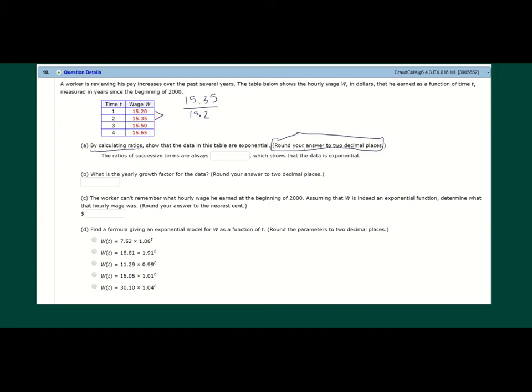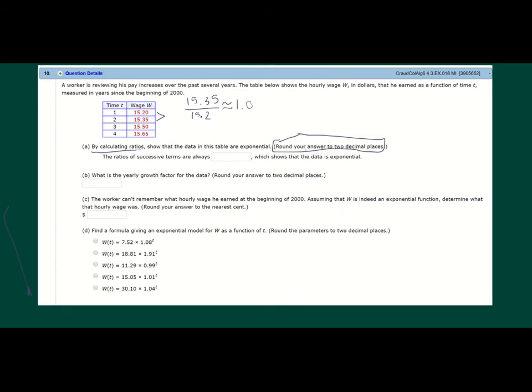So put that in your calculator and do that division problem. What I got out was about 1.009 here, and it says to round to 2 decimal places. So we're going to look at the 3rd decimal place.